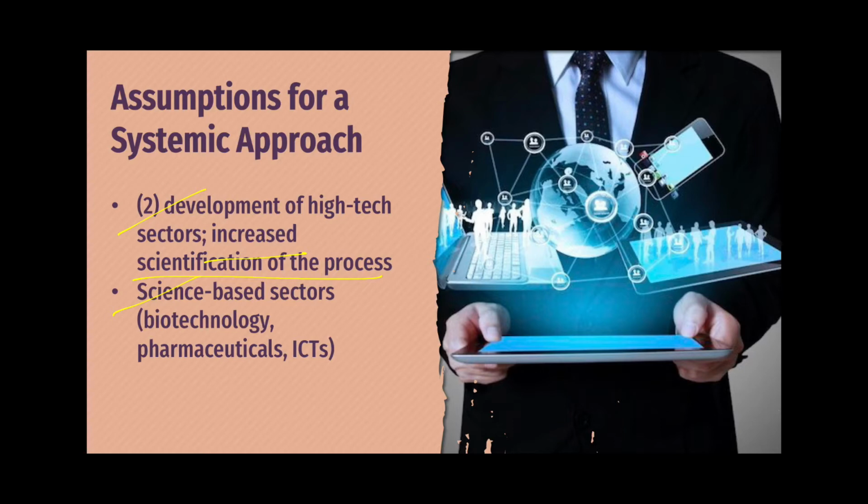Like I said, biotechnology, pharmaceuticals, and we've seen how quickly pharmaceuticals innovate with the many studies that are being churned out for vaccinations in the COVID-19 era. And of course, ICTs include the Internet of Things, machine learning, artificial intelligence.